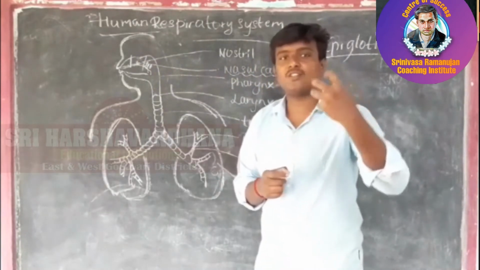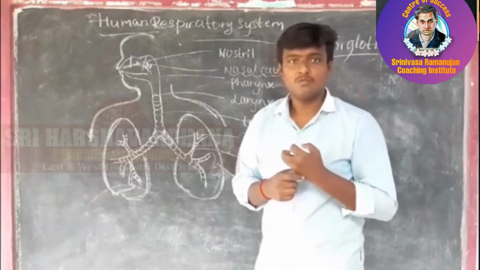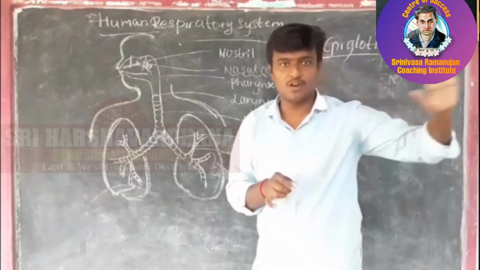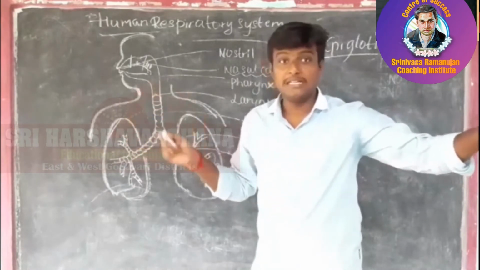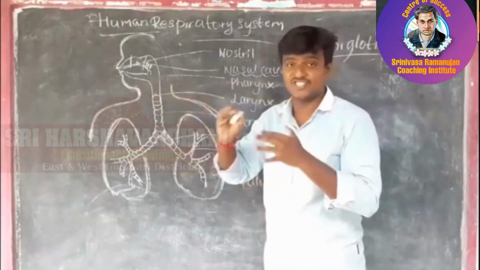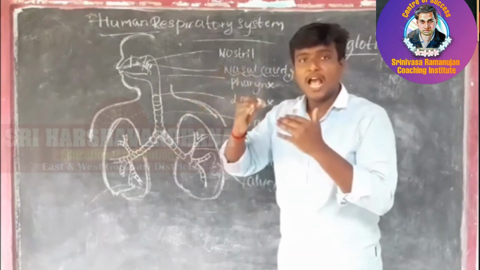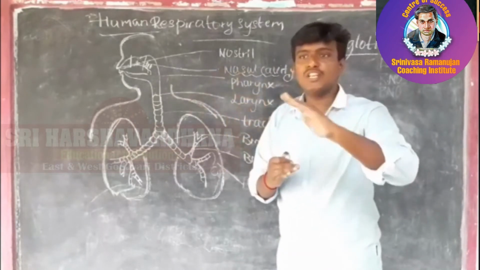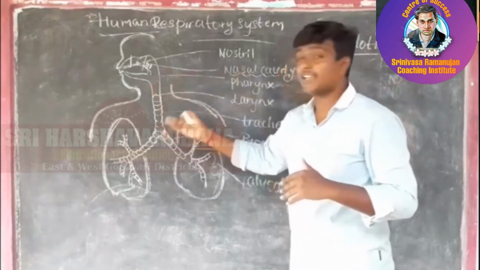For example, what is the duty of a traffic police? Sometimes he stops some vehicles and allows other vehicles on the road. Similarly, the epiglottis sits at the common junction between the oral cavity and nasal cavity, and it allows food material into the esophagus and air into the trachea.